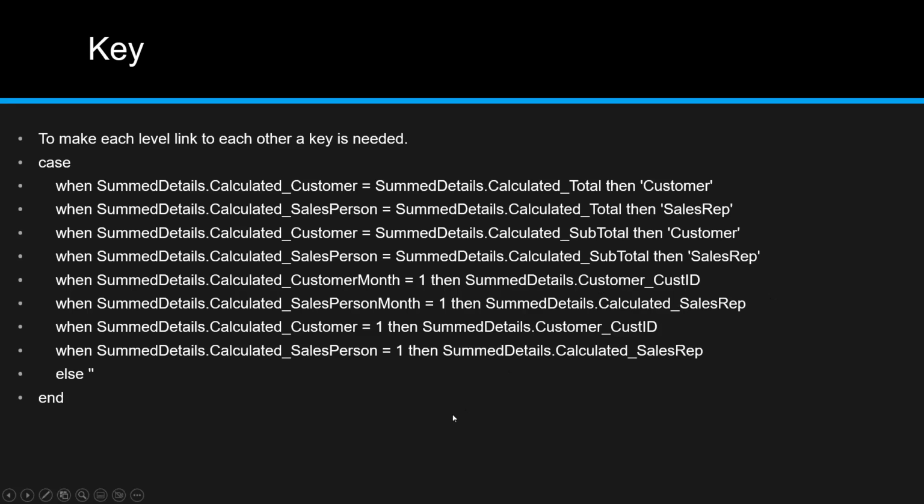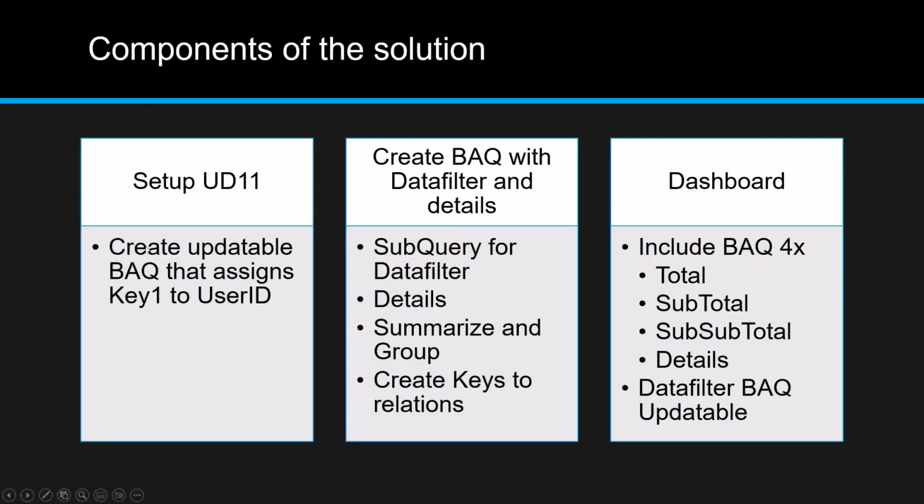The calculated sales rep is where I've taken and parsed it out of that tilde delimited field. Again, the components of this solution were the UD11, BAQ, and the dashboard.